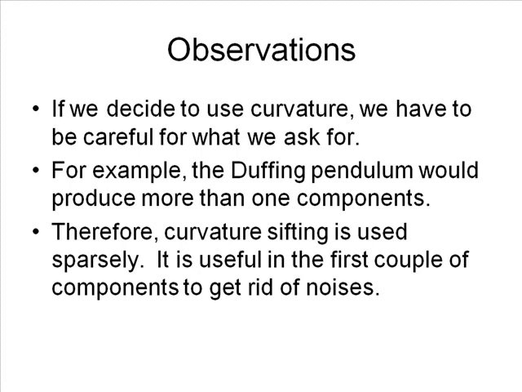And in between the sharp peak and trough, there's a shift, and there's an inflection point. And with the inflection point, there are always two curvature extrema. Okay, inflection point to curvature is a zero crossing. Yeah, cross zero. So in that case, the Duffing pendula would produce more than one component.